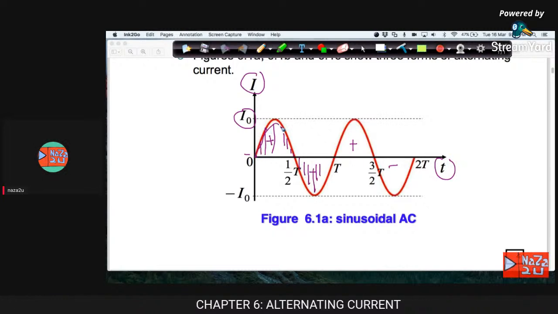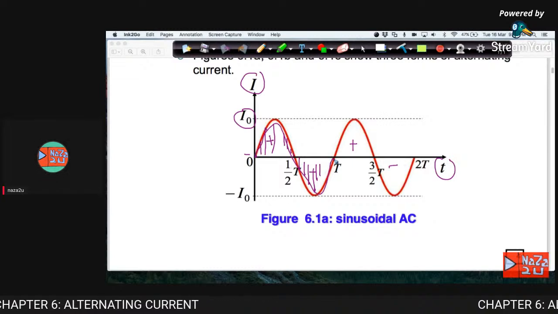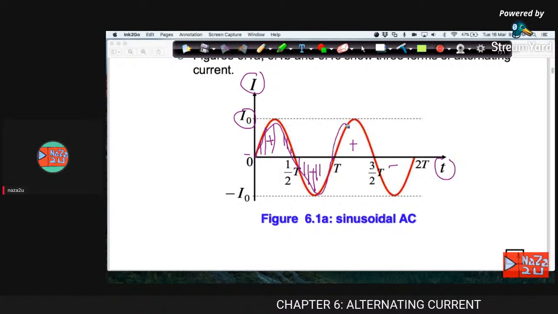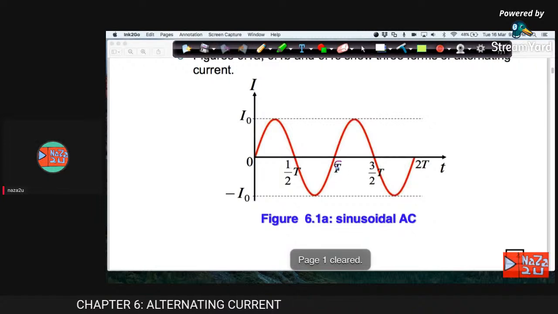So this is satu putaran lengkap ataupun one complete oscillation, maksudnya pergerakan arus tu lengkap untuk satu kitaran. The next kitaran dia bermula kat sini lah.